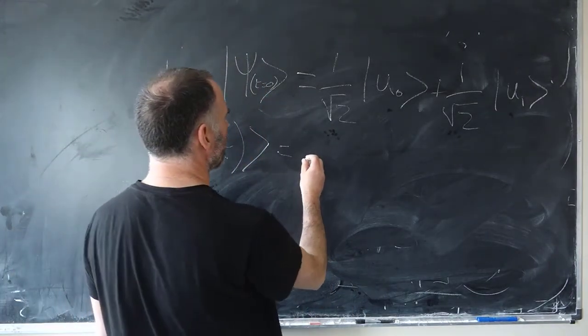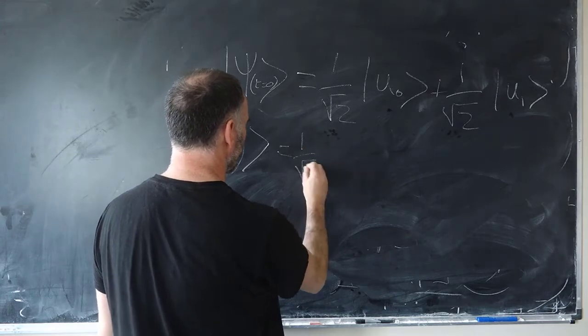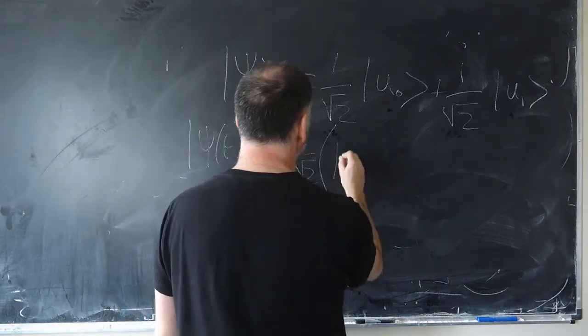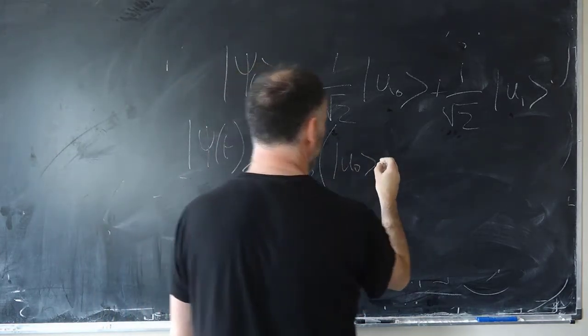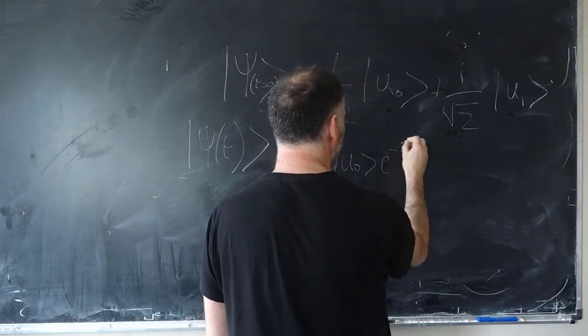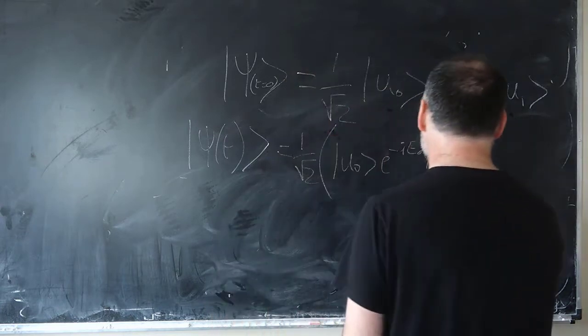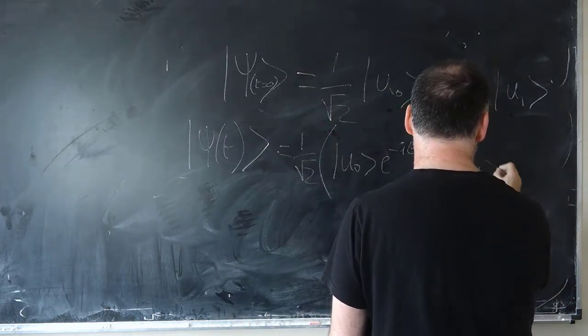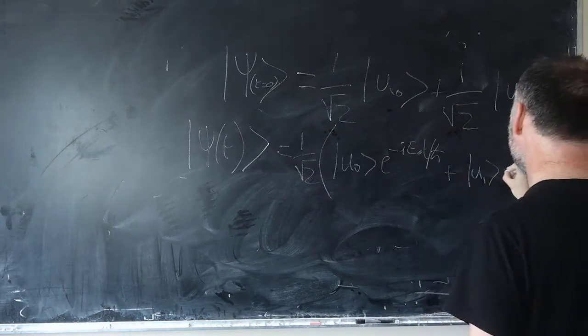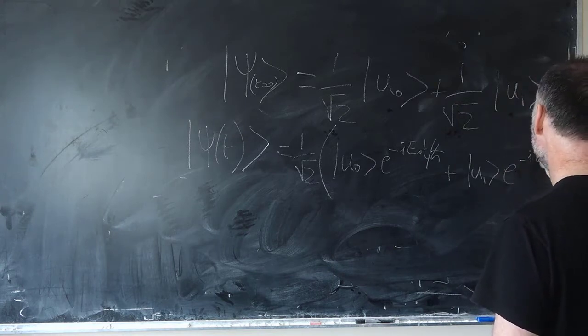Right, now we put in the time dependence. So let me take that 1 over root 2 outside. What we're going to have is our ground state eigenket times e to the minus i E0 t over h bar, plus our first excited state, n equal to 1 eigenket, times e to the minus i E1 t over h bar.